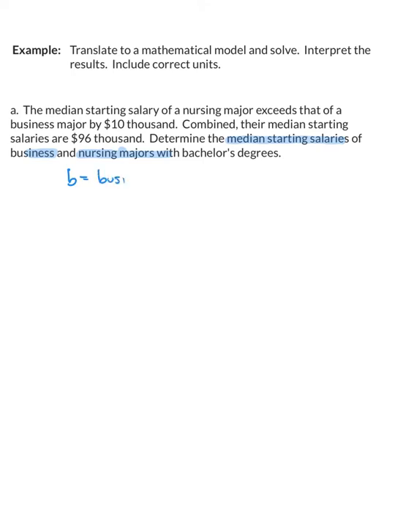So let's let B be the business majors, and let's let N be the nursing majors. This can help you out in terms of checking your equations and your answers. From here, the next thing we want to do is look back at the given information and see what we have.